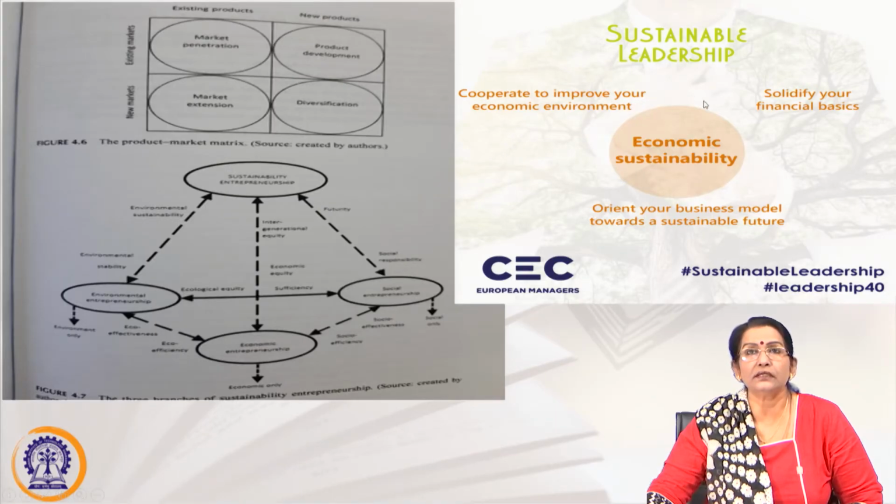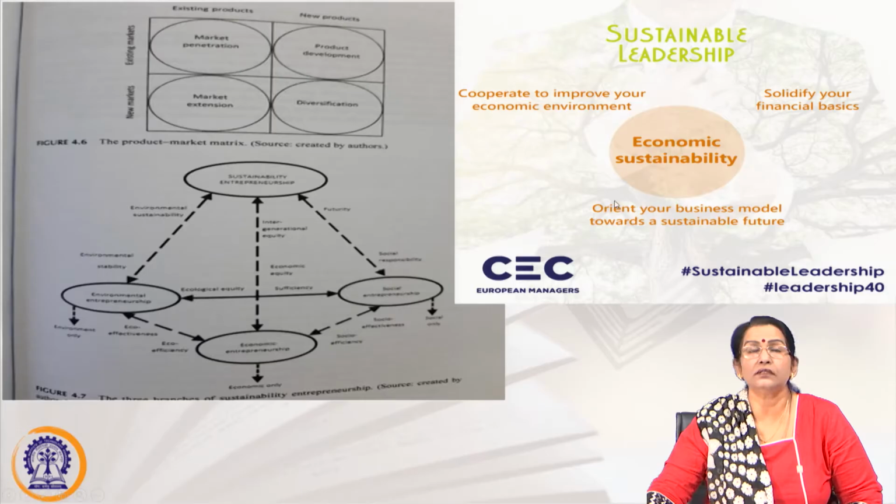So for economic sustainability, you have to take into consideration these three: financial basics, standards and foundations, securities, then planning for the future, with a business model aimed at a sustainable future.